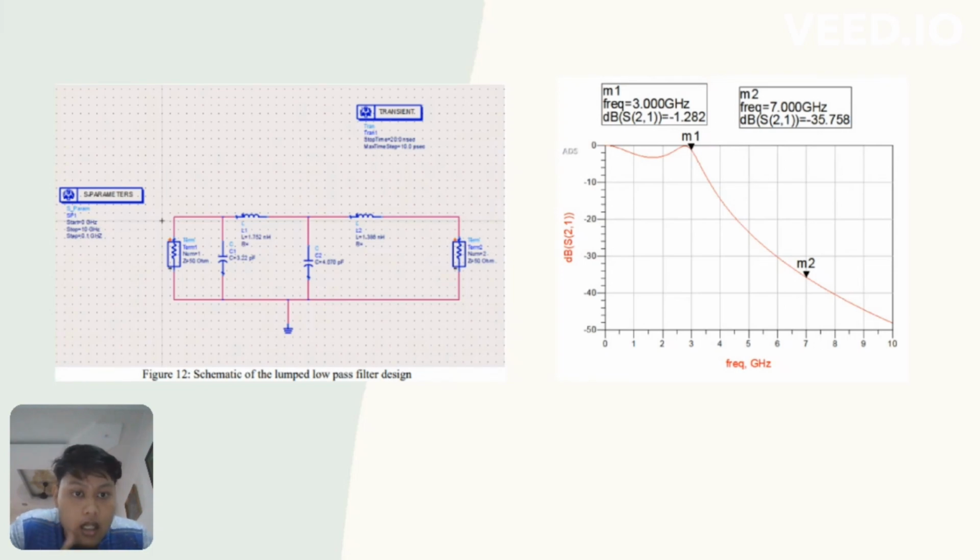From this circuit design, we set the simulation to start at 0 gigahertz and stop at 10 gigahertz. We just extend the gigahertz to stop. So this is not a proper low pass, but it is a low pass because it shows the response beginning, maintaining, and then dropping at 7 gigahertz.